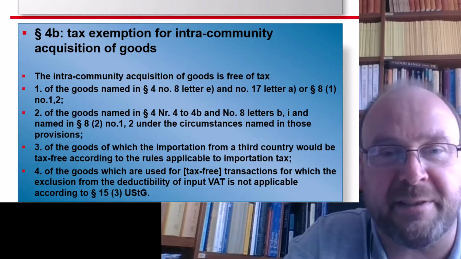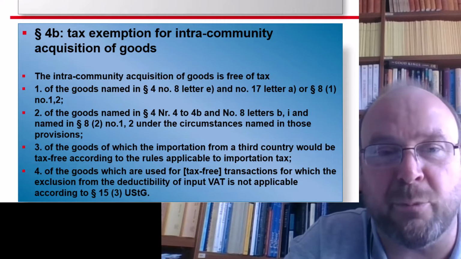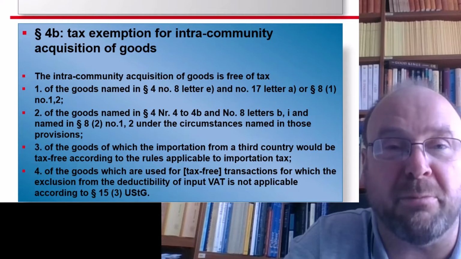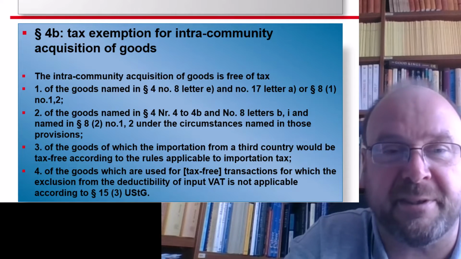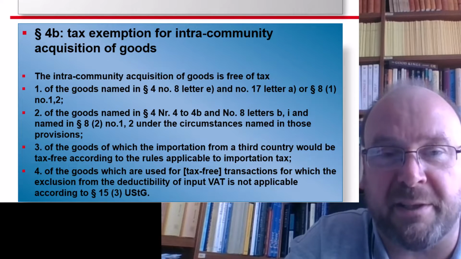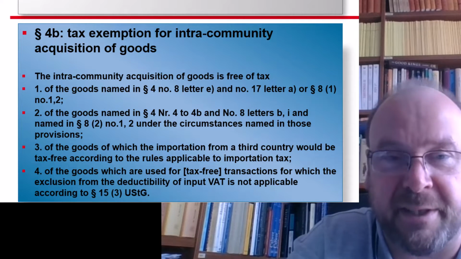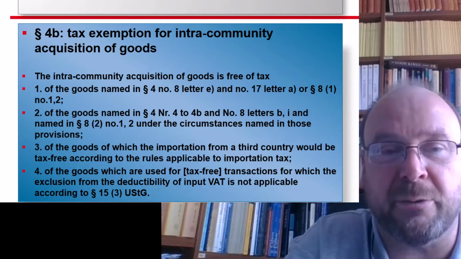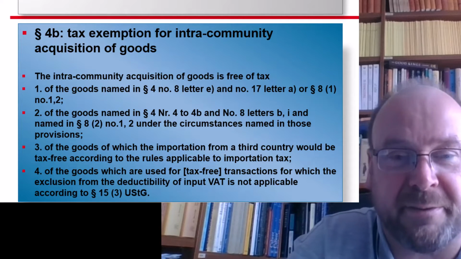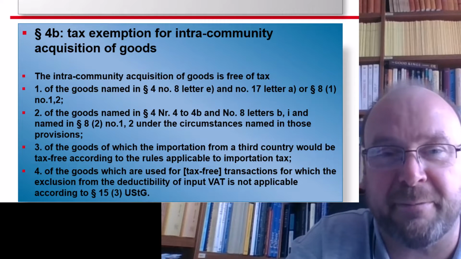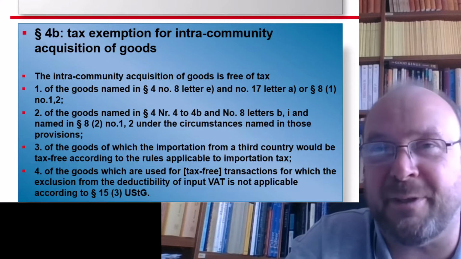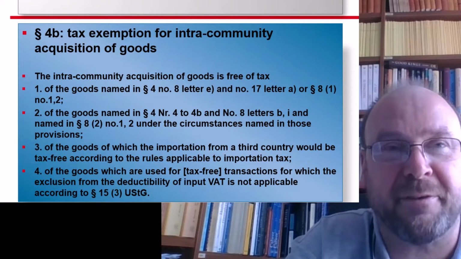Number 17, letter A, is even more strange. Buying human blood. Number 17 says who sells human blood and products from human blood is free of tax. The idea is if you are somebody who donates regularly your own blood to the Red Cross, you have, in principle, an entrepreneurial activity. You are independent in that function.